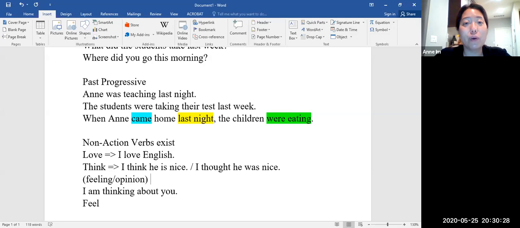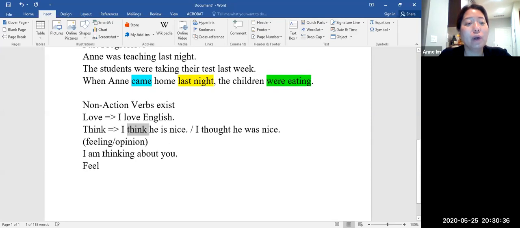When it means your feeling or opinion, you have to use the non-action think, so no ing. But if you are using think about, it's okay. You can use ing. I am thinking about you. I am thinking about what to eat for lunch. So this is okay.